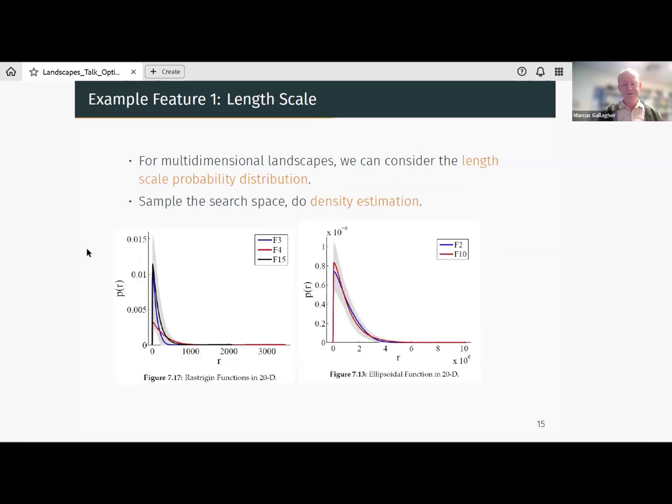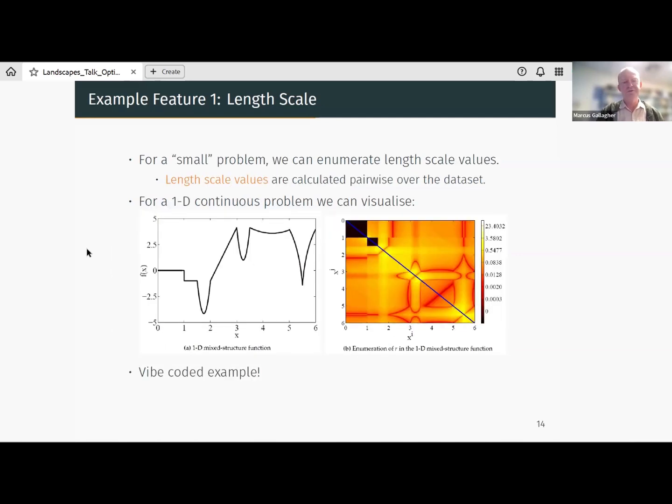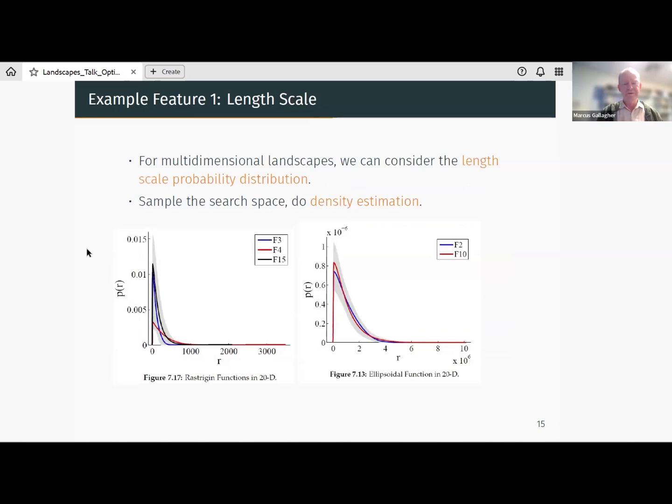So as you already saw, it's good to get all these length scale values from a sample of data, and you can look at them directly in a 1D problem. But for more than that, you might of course have to do some kind of summarizing of the data. One thing you could do is look at the distribution of the length scale values, and then have a look at that picture, calculate values of it.